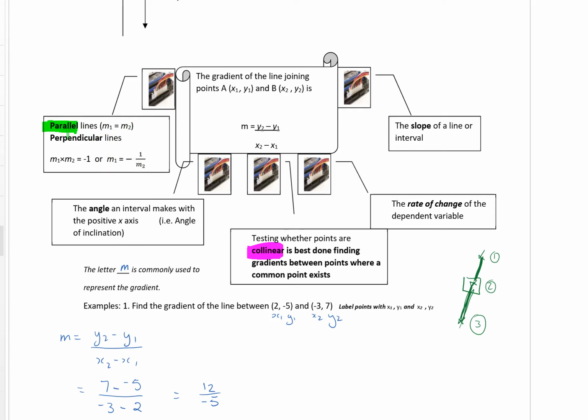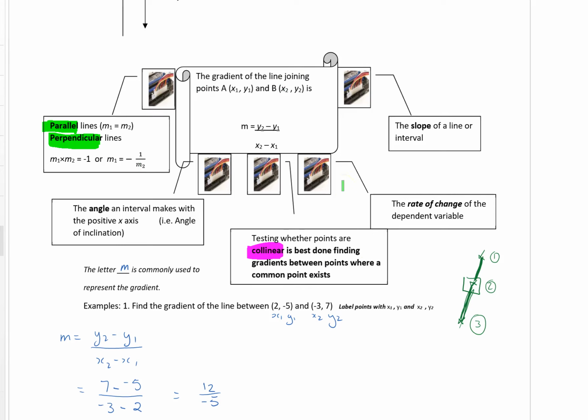Anytime a question is talking about parallel, immediately think gradient, because parallel lines have the same gradient. Perpendicular, then the product of the gradients is -1, or the gradient of one is minus the reciprocal of the gradient of the other.